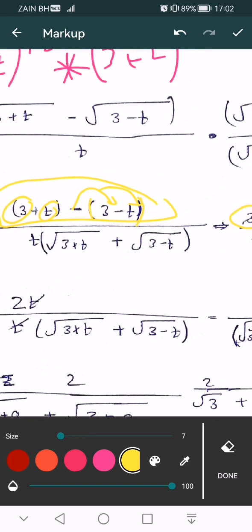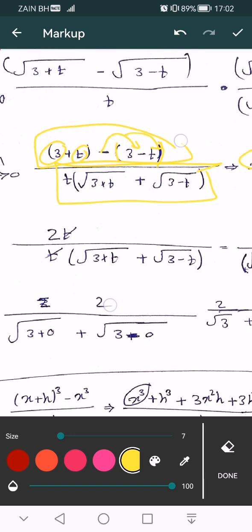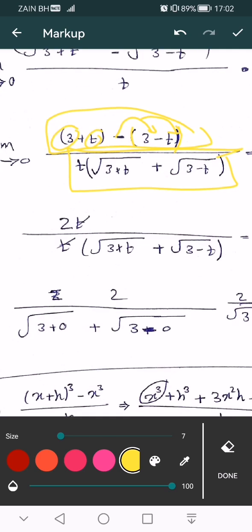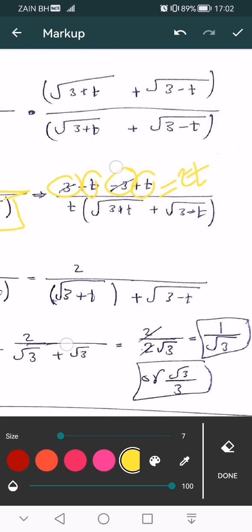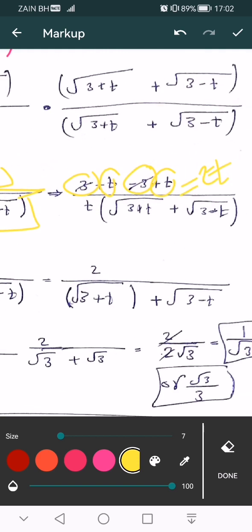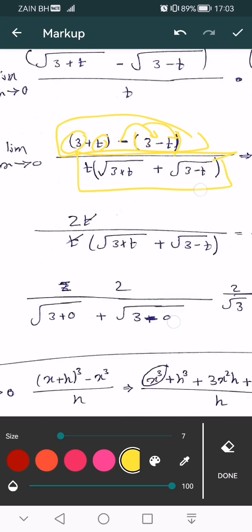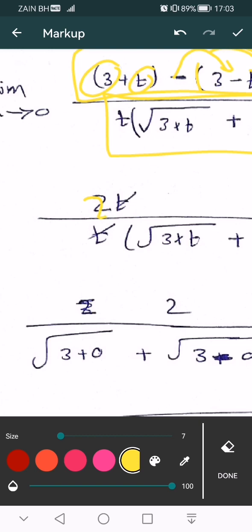And I will not touch the denominator, the bottom. Then I go 2t.